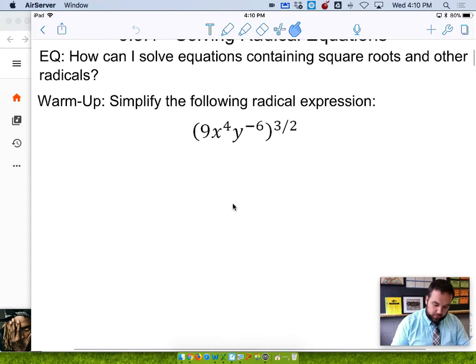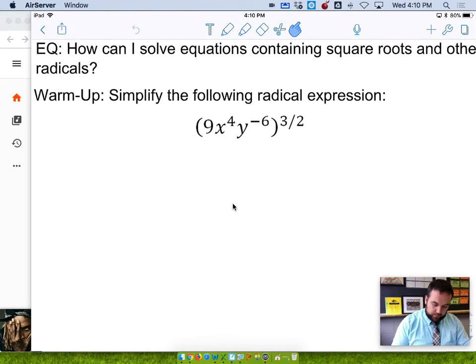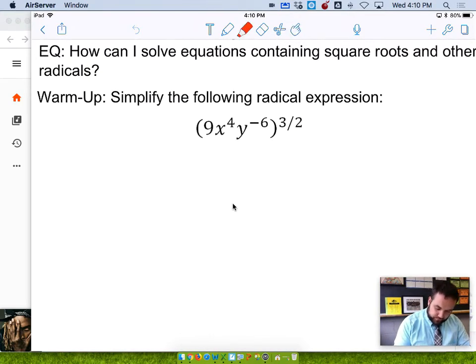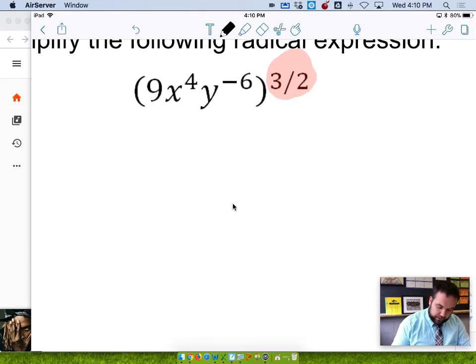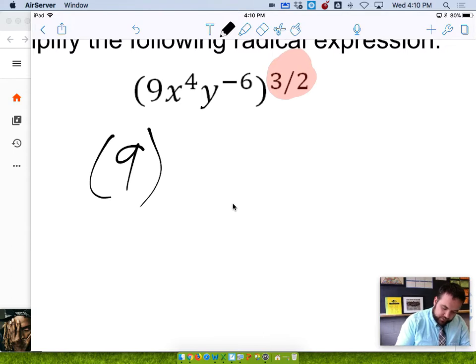As a quick warm-up, just to remember how we simplify these things. If I've got a power of 3/2 being applied to an expression like 9x to the fourth and y to the negative sixth, I'm going to split this up because that exponent is being applied to all three parts.